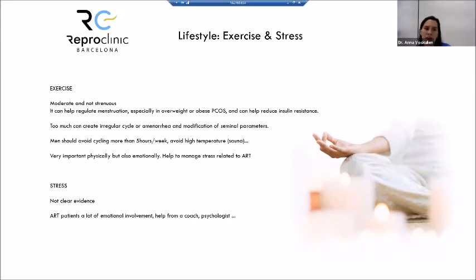And stress has not a clear evidence in ART, but we know that patients doing assisted reproductive techniques have a lot of emotional involvement and could have a lot of stress because they need to go through a lot of steps. So sometimes we tell them to get help from a coach, from a psychologist to try to manage it better.